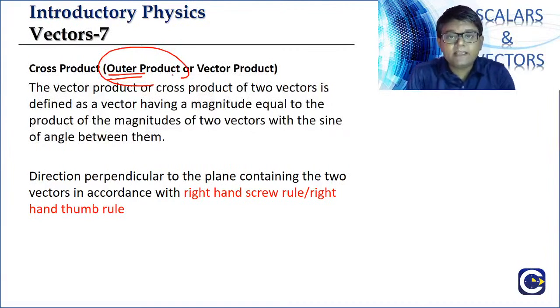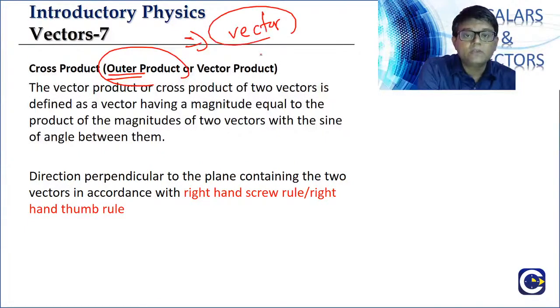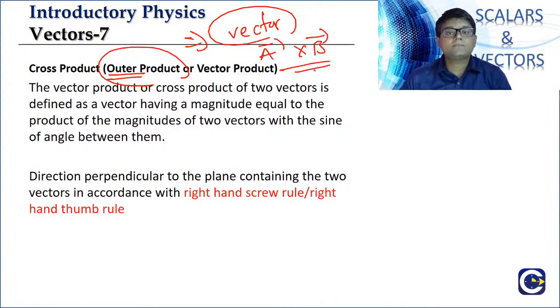So we are saying that the cross product or vector product of two vector quantities will give us a result that is a vector. If you are doing the cross product of two vectors A bar and B bar, this is how we will represent it, A bar cross B bar. The result will be a vector quantity.